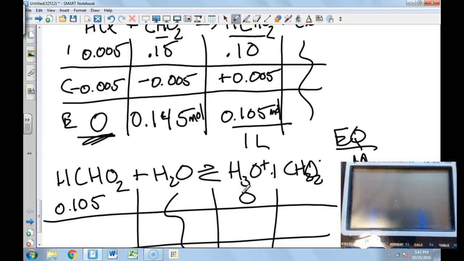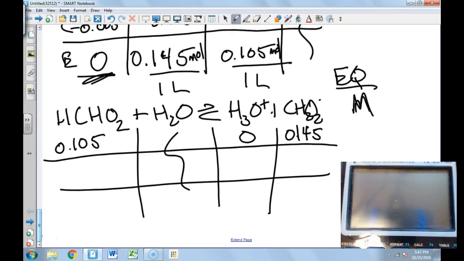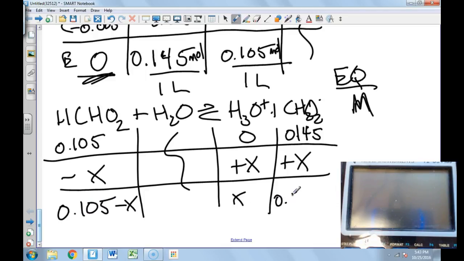This is going to be 0. And now this, divided by 1 liter, is going to be 0.145 molar. And now we do our equilibrium ICE chart. Minus x, plus x, plus x. So it's 0.105 minus x, x, 0.145 plus x.